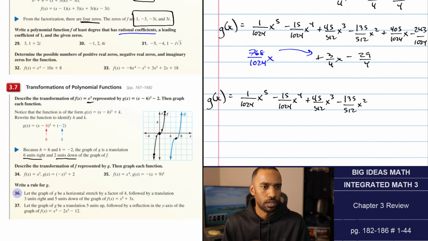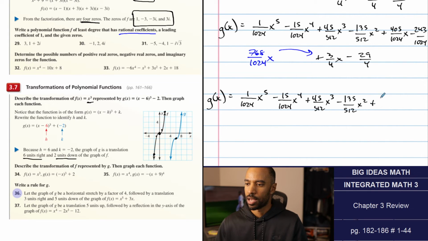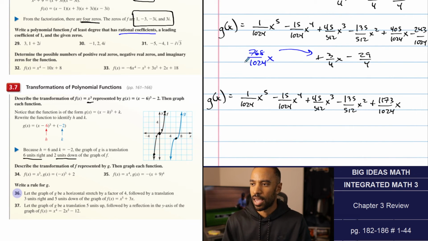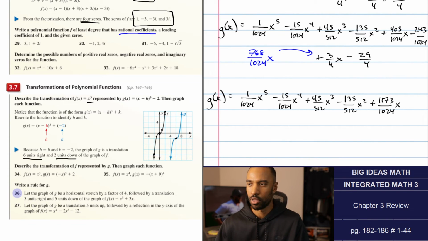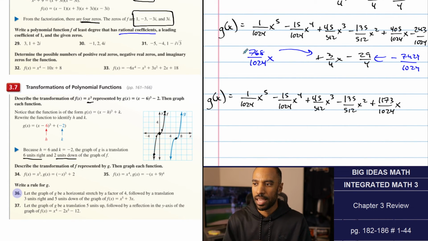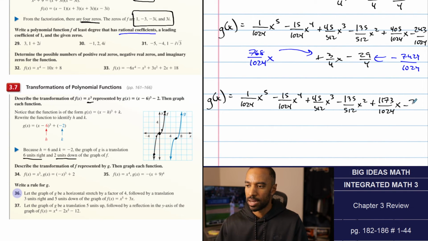Nope. So this is plus 1173 over 1024x. And then 29, I need to multiply also by 256 to get a common denominator with this negative 243 over 1024. So this has become negative 7424 over 1024. And negative 7,424 minus 243 is, so I guess this was a mean problem, minus 7,181. So minus 7181 over 1024.